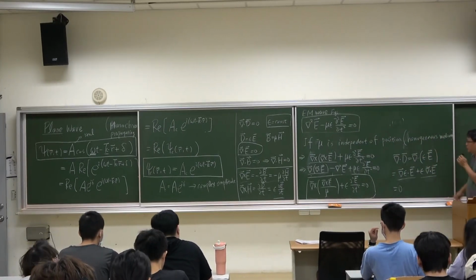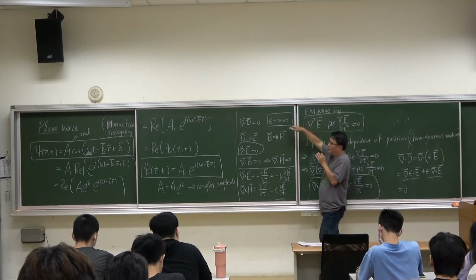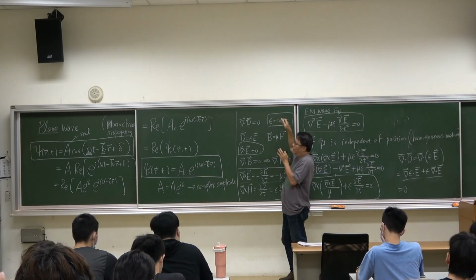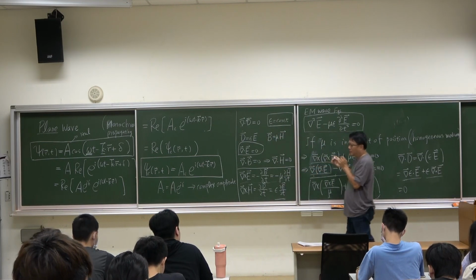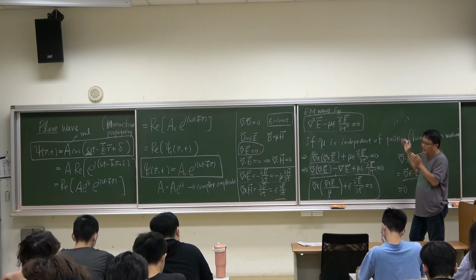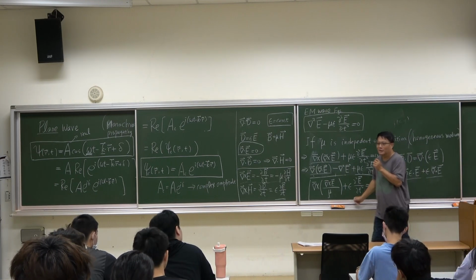Okay, 好，就是 homogeneous medium. If epsilon and the mu, one of them change with the position, then we will get some ugly equation like this. Like this.